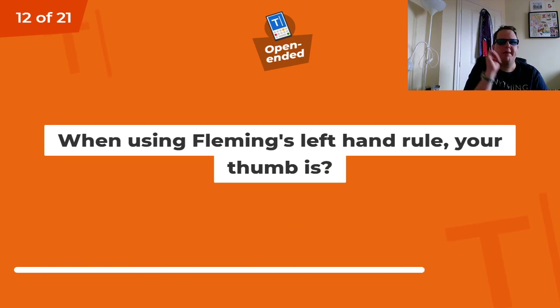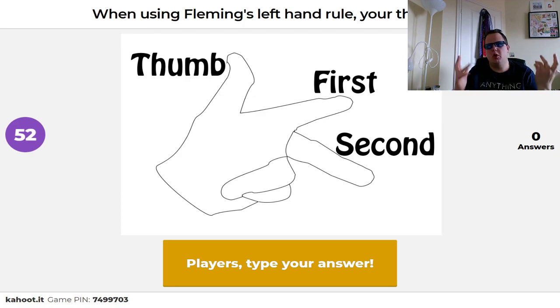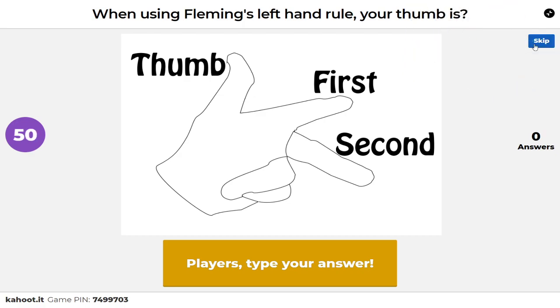Okay, when you're using Fleming's left hand rule, here's my lovely hand I drew. So, using Fleming's left hand rule, your thumb is what? What does your thumb tell us?